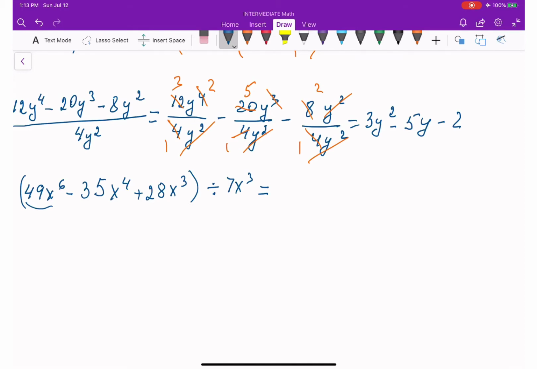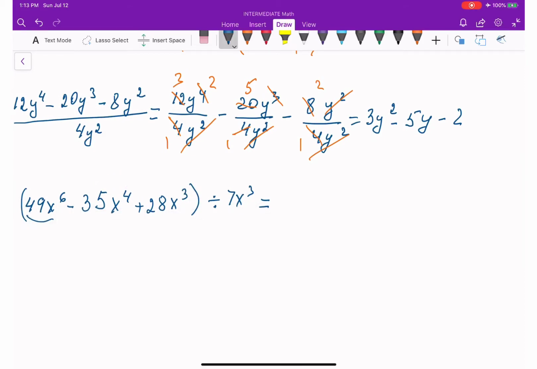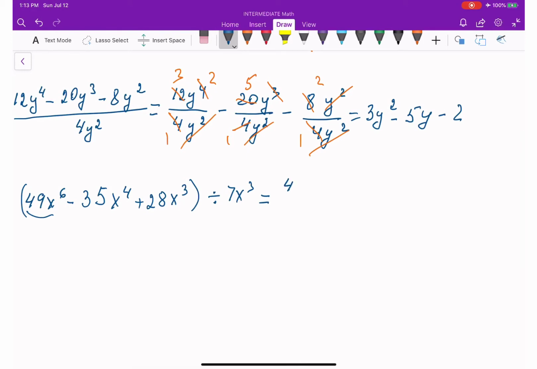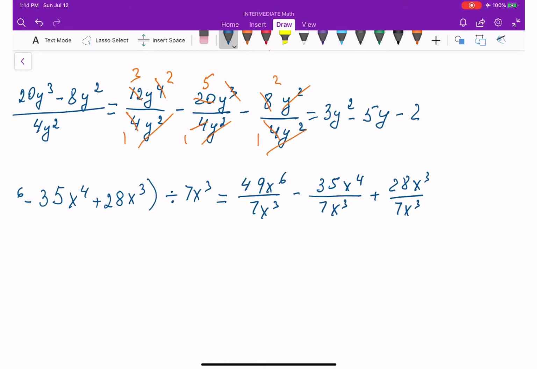It will be easy. 49x to 6 over 7x cubed minus 35x to 4 over 7x to power 3 plus 28x to 3 over 7x to 3. Okay, let's see what we get.